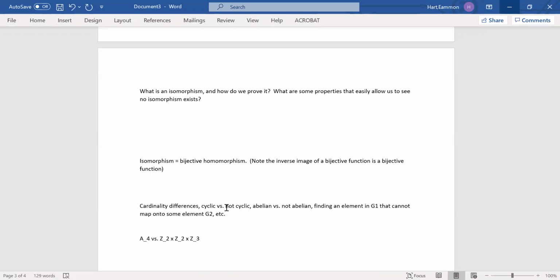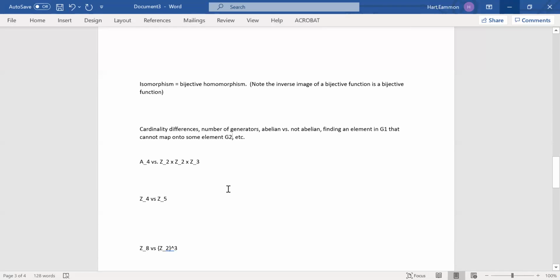So I will change this to number. Cool. Another thing is you can find one element in G1 and show that it can't map onto any element in G2. That comes up sometimes.